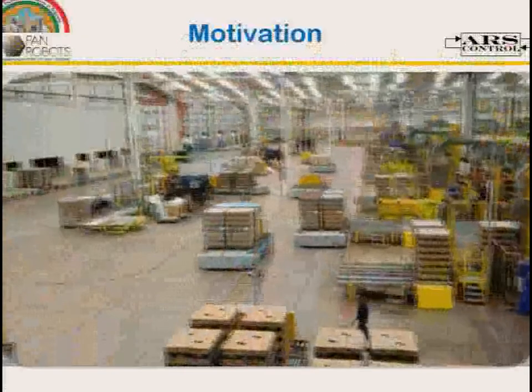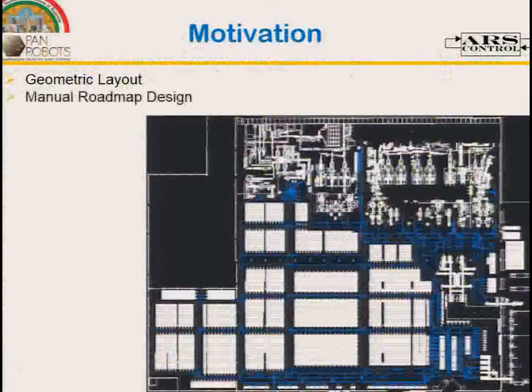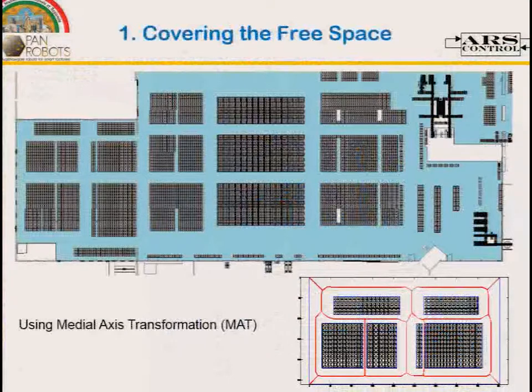The problem is that in the current state of the art in industrial applications, that roadmap has to be manually built. And this is very inefficient and time consuming, of course. So our work is to build a roadmap in an automatic manner.